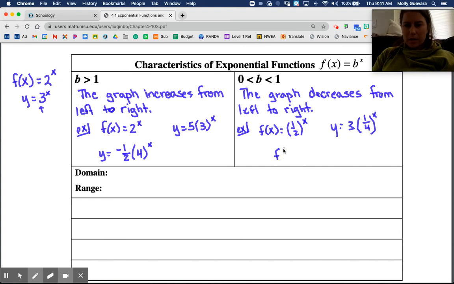We can say f of x equals negative 2 times (1/3)^x. So this is when you have fractions less than 1 as your base, inside the parentheses.